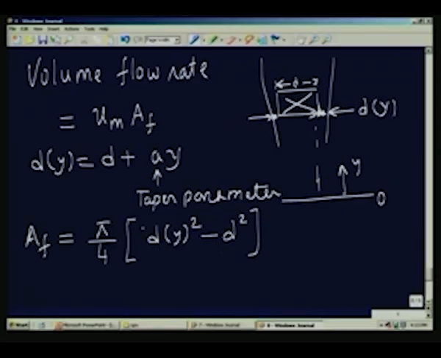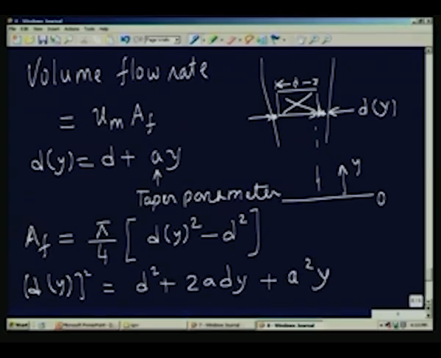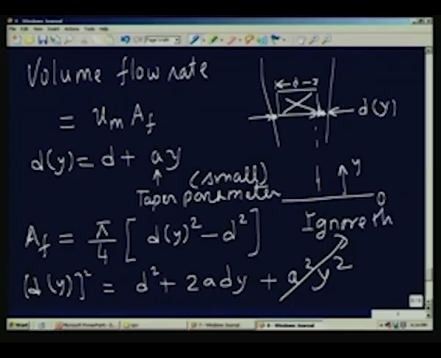So, d of y whole square is nothing but d squared plus 2 a d y plus a squared y squared, and I am assuming that a is small, which is small taper. I can ignore this factor as being too small.